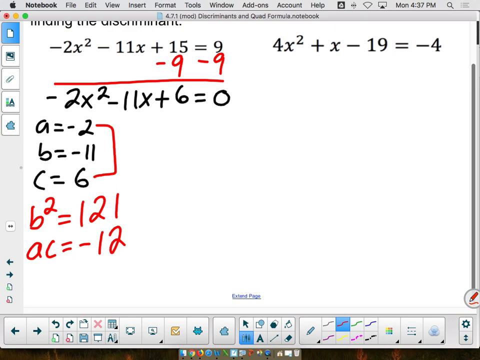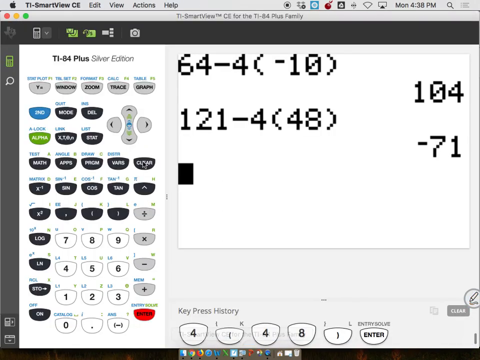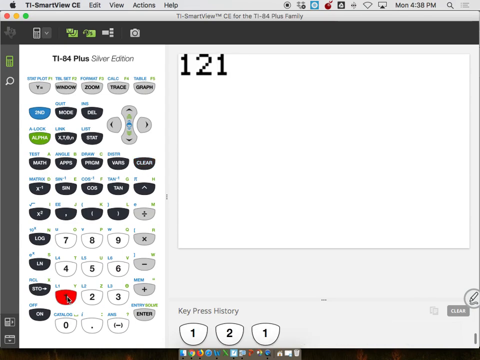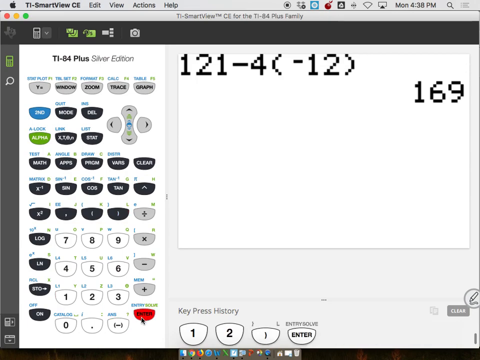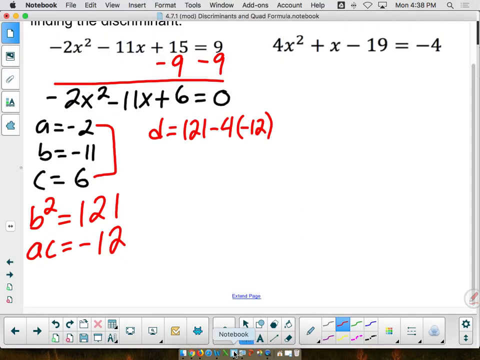So my discriminant then is going to be 121 minus 4 times ac, which is negative 12. 121 minus 4 times negative 12 is 169. Since that is positive, so d equals 169, that means my two solutions are both real numbers.